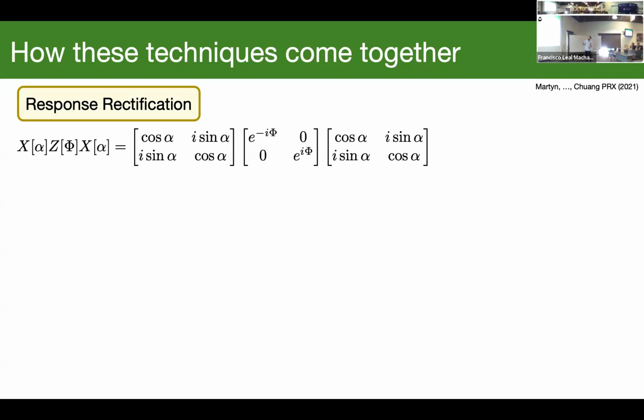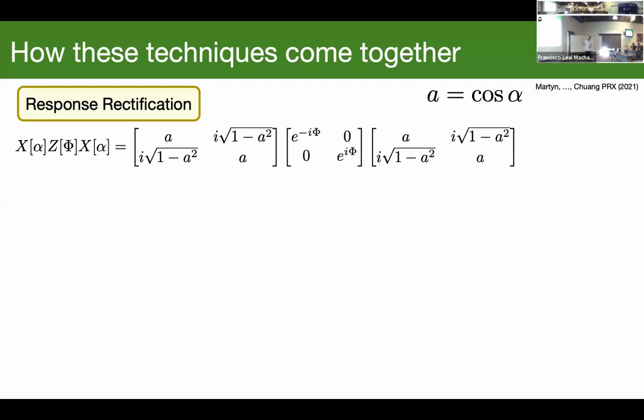It turns out an easier way of phrasing this, instead of having cosines and sines, is to think of cosine as a parameter a, and sine as the square root of 1 minus a squared. What you can see is that your initial rotation had a parameter that was linear in a.